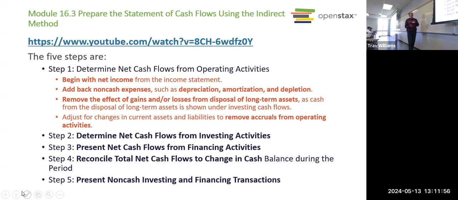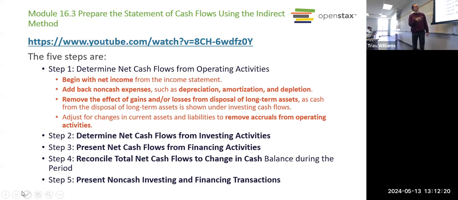That expense brought down the profits. But there was no cash flow involved. So we need to reverse that in order to figure out how much cash the company had from operations. If we're starting with the net income, we need to reverse that depreciation and add that cash back in, since there was no cash involved with the expense.